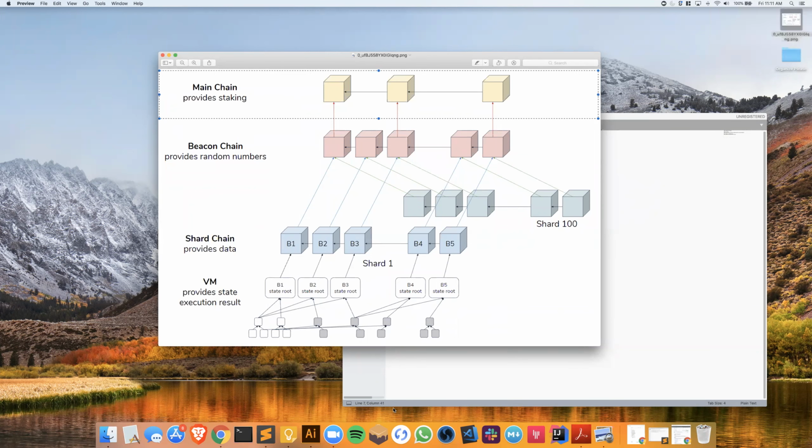Yeah, I can add a little bit to that. The link between the main chain and the beacon chain is really just there for the one-way burn for validator deposits. So we'll have some long delay, where we assume a reorg is extremely unlikely. Let's say it's 5,000 blocks. A reorg is probably not going to happen after 5,000 blocks.